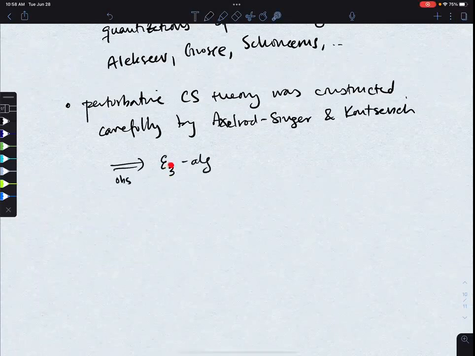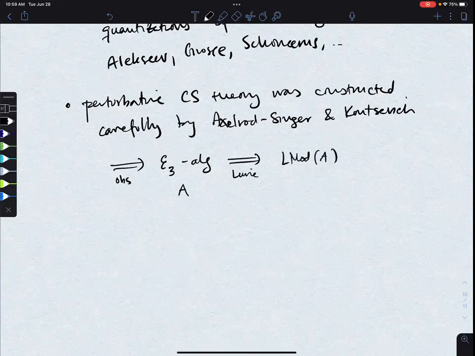This algebra depends on three-dimensional space. That's been analyzed, what this E3 algebra looks like, by myself and Costello and John Francis. There's general machinery due to, say, Jacob Lurie, that if you have an E3 algebra A, you can take its category of left modules. And Jacob shows that this is always a braided monoidal category.